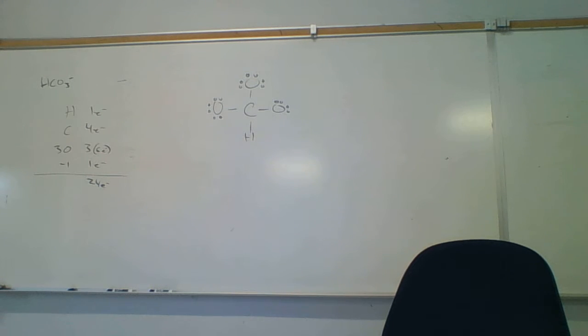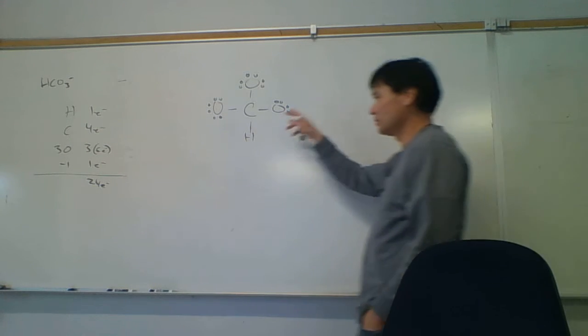So remove a lone pair, either from a central or terminal atom, and replace it with an additional bonding pair. In other words, we're going to make sure the number of electrons match.